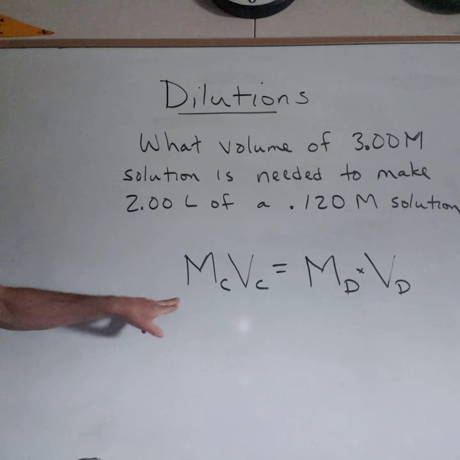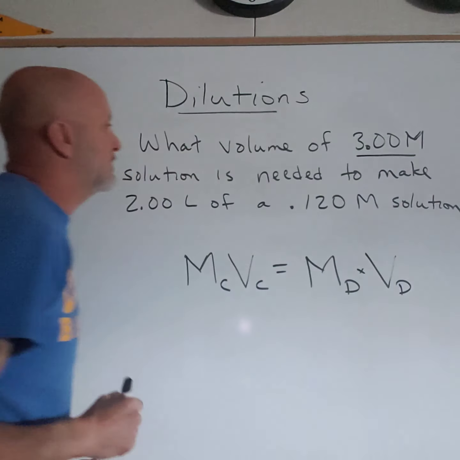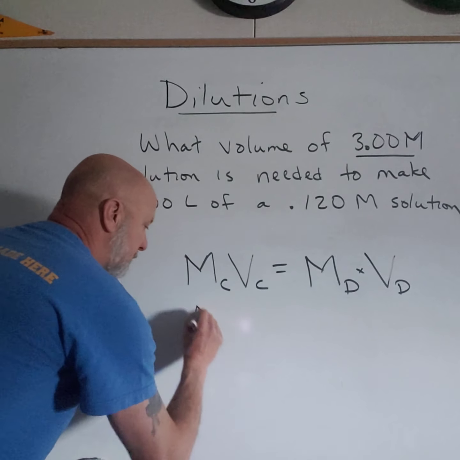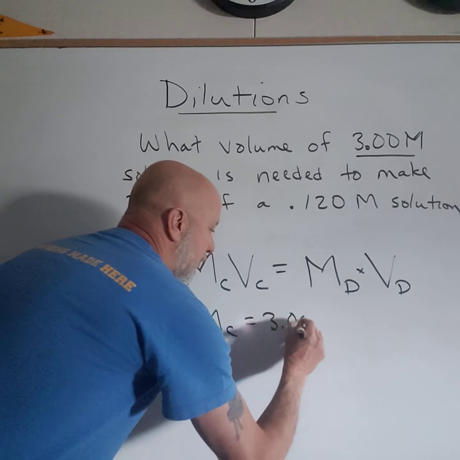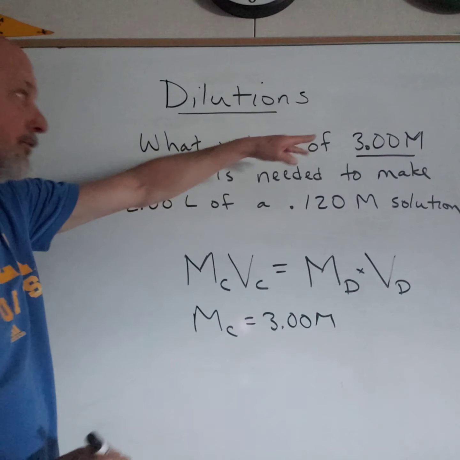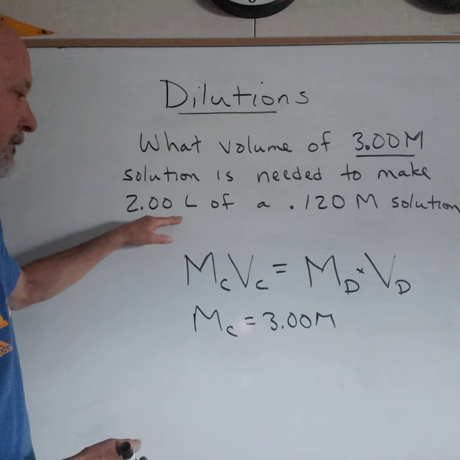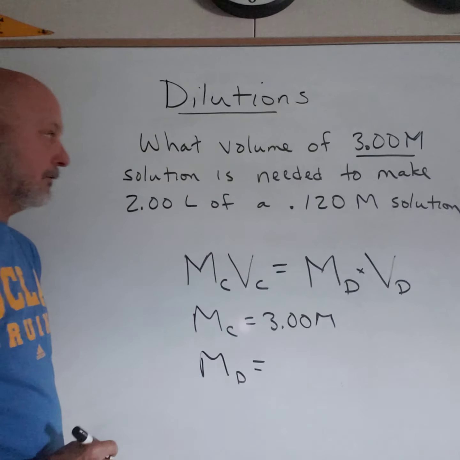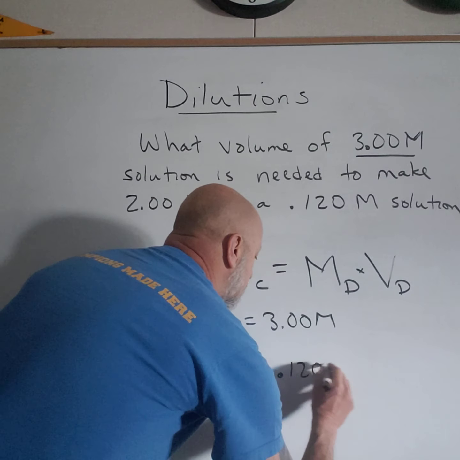Okay, we're going to use this equation. So here's a typical problem. What am I given? That's my starting solution, the molarity of the concentrate. Molarity of the concentrate equals 3.00 molar. I'm going to take that and add water to make my new diluted solution, which is only going to be 0.120 molar.